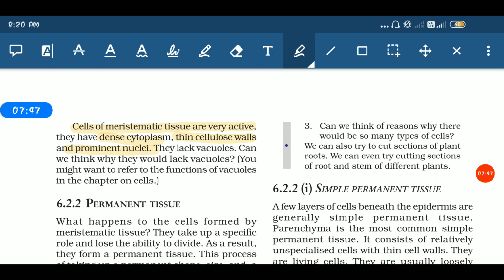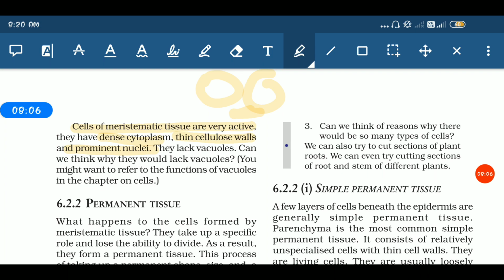Intercellular spaces का मतलब होता है स्टूडेंट कि दो सेल के बीच में जो स्पेस होती है वो बहुत कम होती है या ना के बराबर होती है. So this type of arrangement is known as compact arrangement, and the cells of the meristematic tissue lack intercellular spaces.